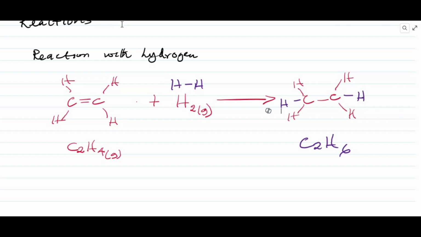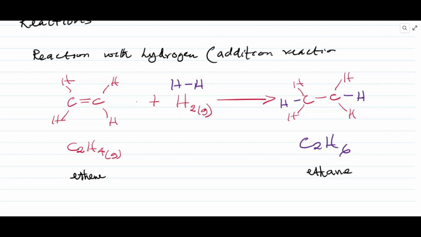So if you check, we have our ethane from our ethene. Ethene becomes ethane by adding hydrogen to it. And that is why this reaction is called what? It is called addition reaction.